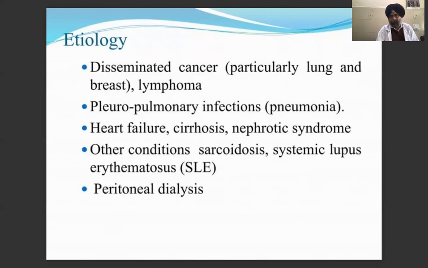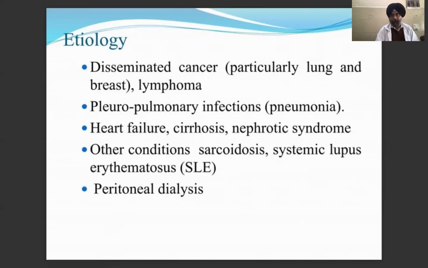Then other important things are cancer. Typically 3 cancers, you can learn it like LLB: lung, lymphoma, and breast. Lung and breast, in a female it would be breast, lung, both, and lymphoma. One thing you have to remember is in India, we start with the workup for tuberculosis.